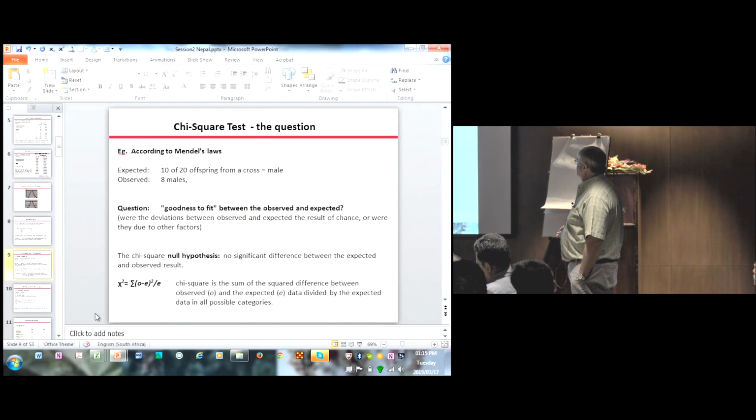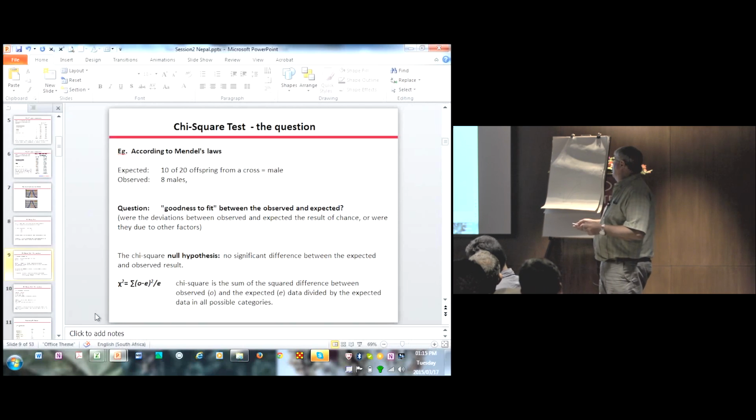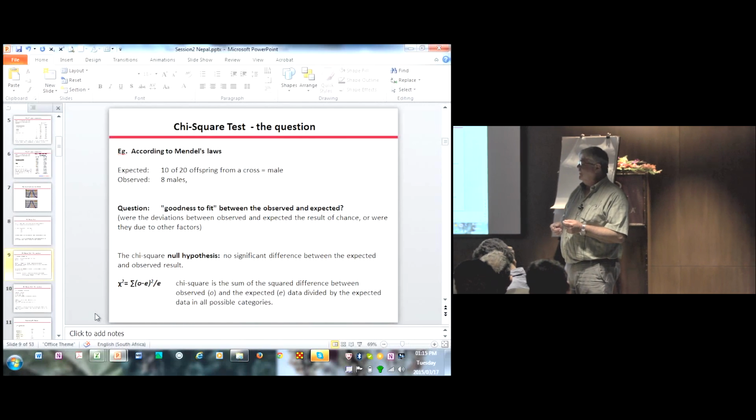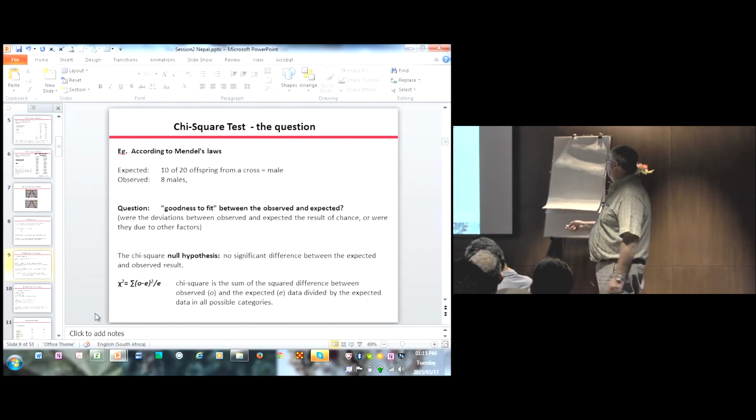That's my model. I made a cross, and I expected half of them to be male, and I found that 8 were males. Now the question is, remember you've always got error, so it's not absolute: how well does that fit what I expected? Very simple question.